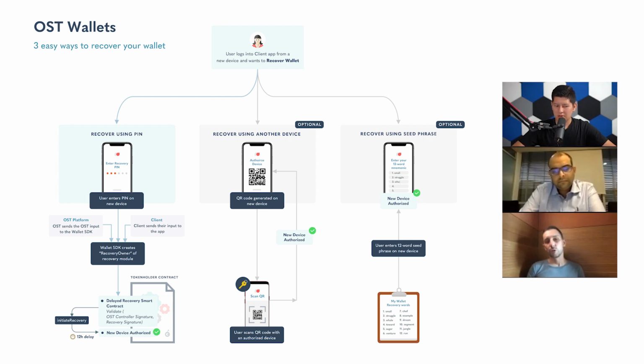If we don't force the user to write down 12 words, which inevitably is really what is required, then we need to be able to, in a secure way, leverage this knowledge of the 6-digit PIN when he would have lost all the devices. So in this case, how we've solved this is by introducing 2 new secrets, because we have a unique setup where the application already authenticates the user with a user login and a password, and we relay transactions from the user to the blockchain on behalf of the application.